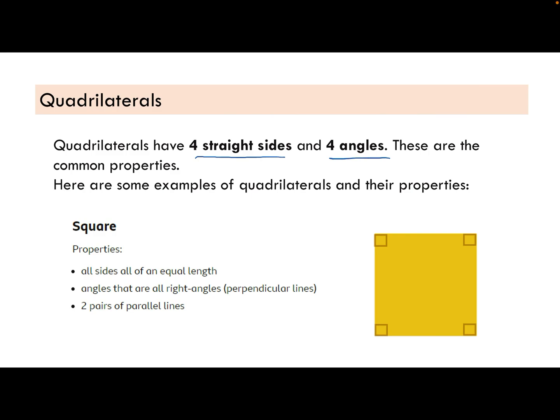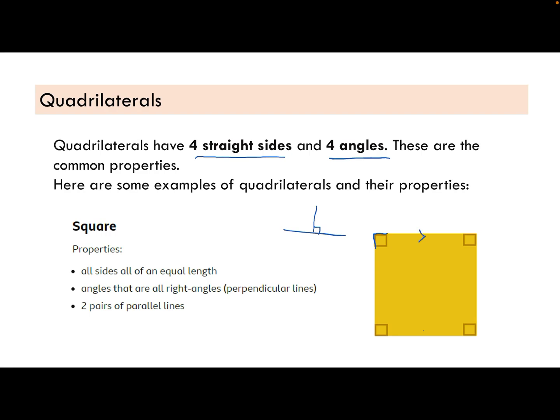So all sides are of equal length, all angles are right angles, and they have perpendicular lines. Now perpendicular is when a line meets at a right angle. So like a T shape would be perpendicular. You might see a T junction on a road. If it meets at a right angle, it's perpendicular. These all meet at right angles, they're perpendicular.